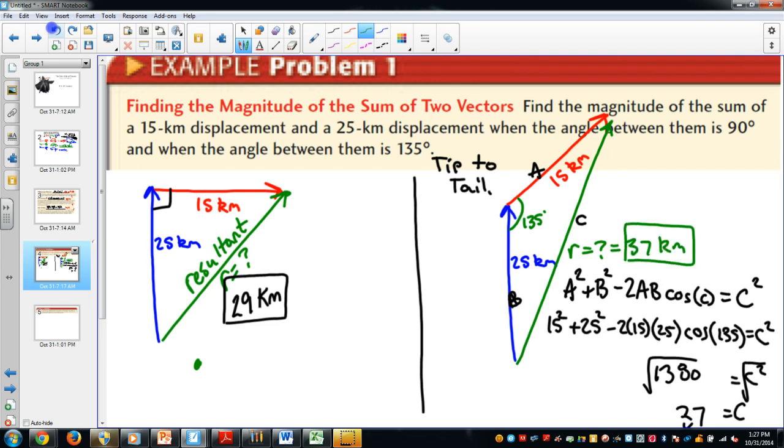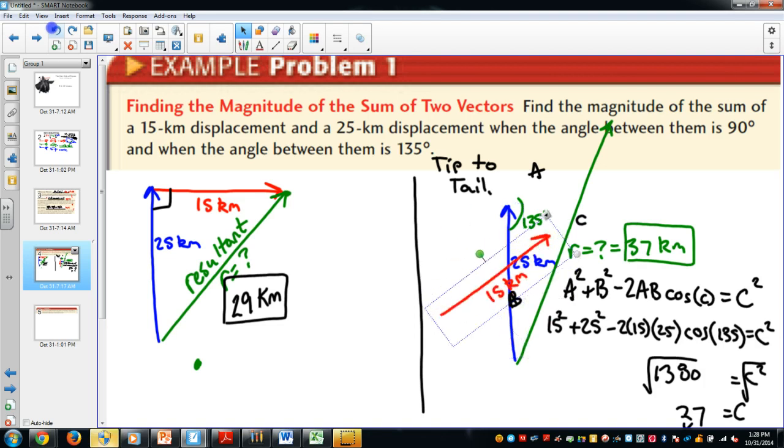I think so. The biggest that C could be is if I took A and then made it straight, so the biggest it's going to be is 40. And if I went the other way, 15 up and then 25 up and 15 back, it would be 10. So this resultant is always going to be between 10 and 40. 37 fits the bill pretty well. Life is good.